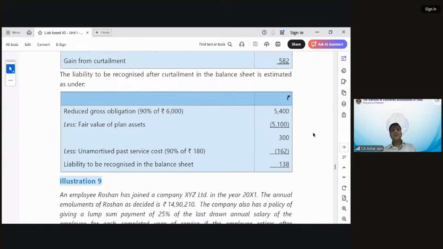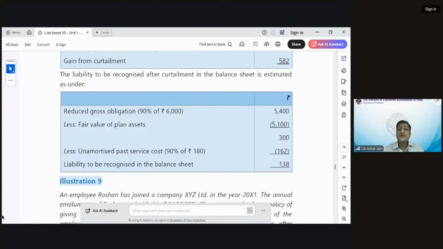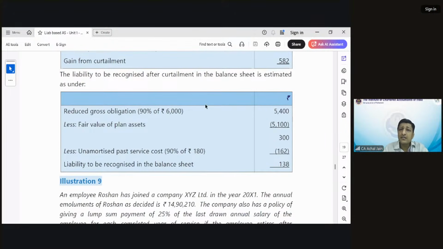Now, what is the amount of liability that will be recognized after curtailment in the balance sheet? So your gross obligation was 6,000 earlier. Now this gets reduced to 5,400. From this, you have a plan asset. So what is the amount of plan asset given in the question? 5,100. Now, whenever there is a liability and asset, both of them are available, how do you present it in the balance sheet?